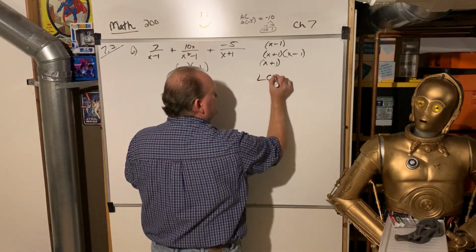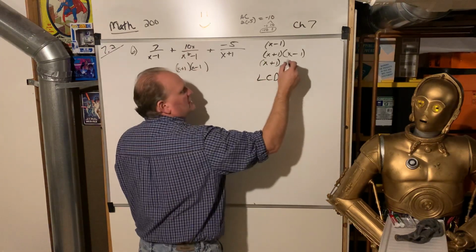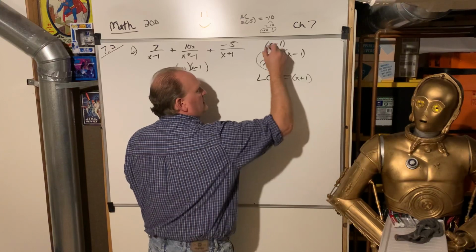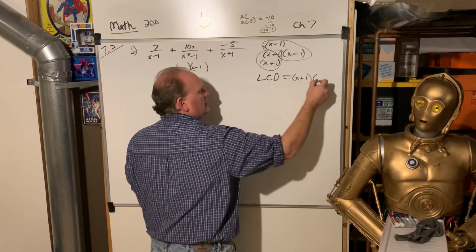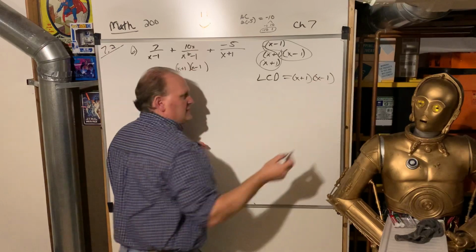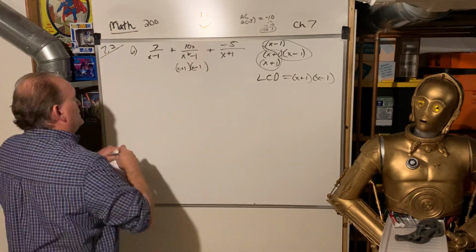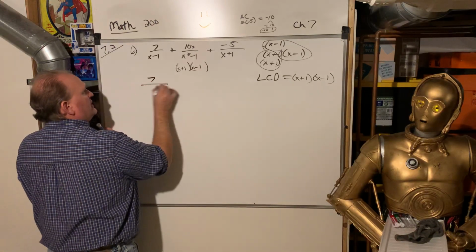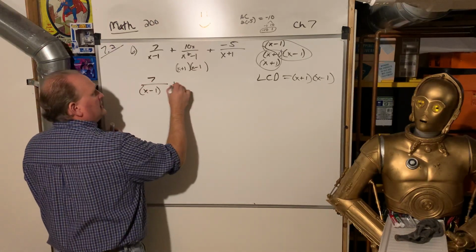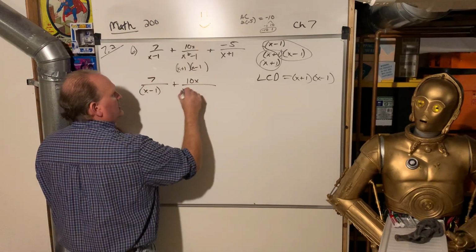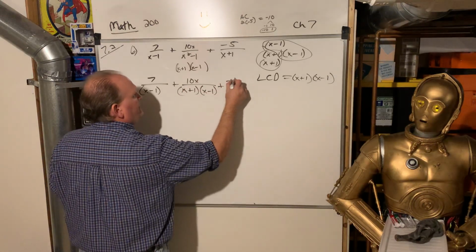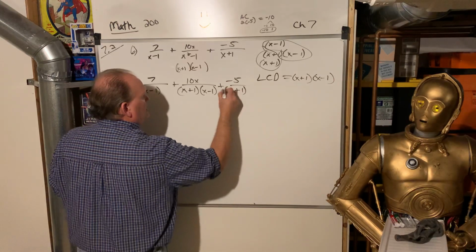And so LCD, we take what they have in common. So look, these are common. These are common. That's my LCD. No leftovers. So check it out. Here, I'll rewrite it. 7 over x minus 1 plus 10x over x plus 1, x minus 1 plus -5 over x plus 1.